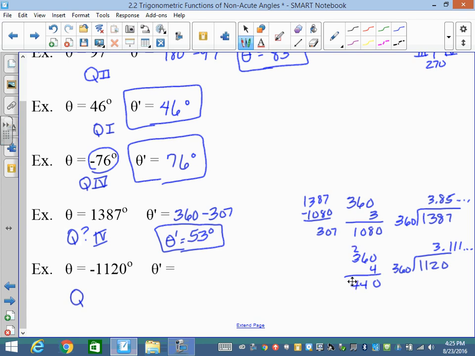So we get 1440. And we subtract that 1120 off of it, and we get an angle of 320. Look at that, we are in quadrant 4. So again, 360 minus 320 gives us a theta prime of 40 degrees.